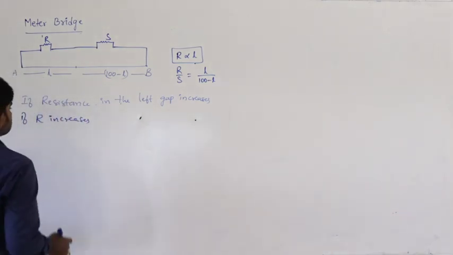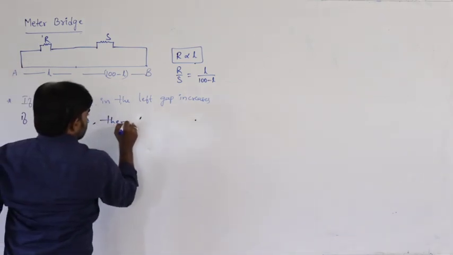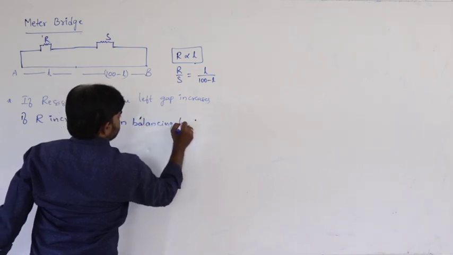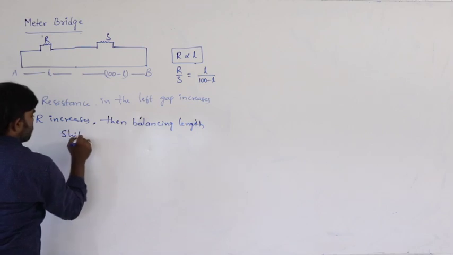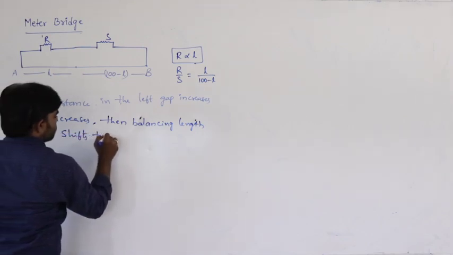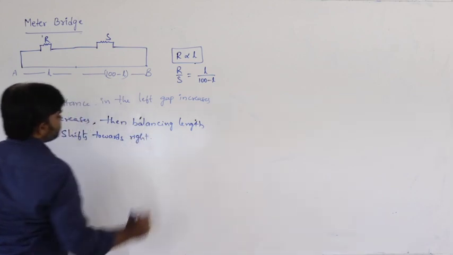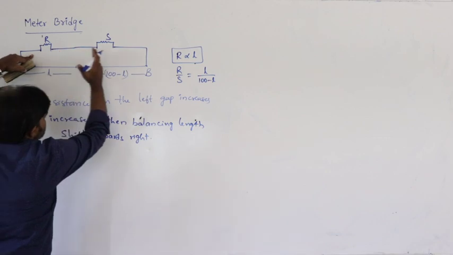So if the resistance R value increases, then the balancing length shifts towards right.